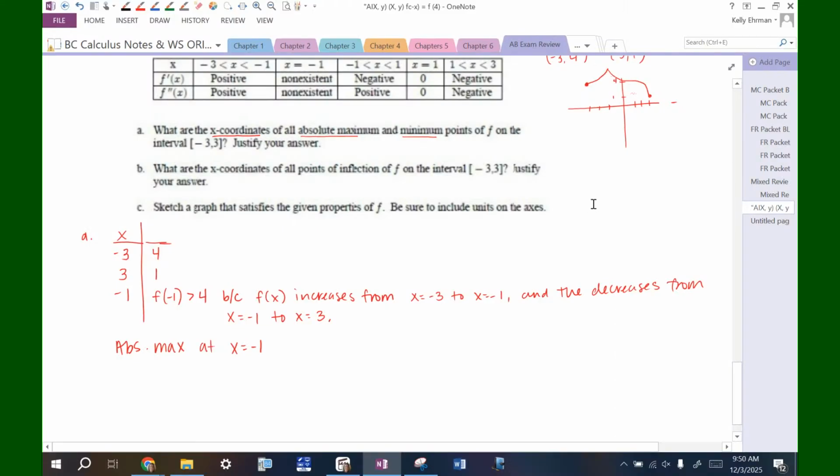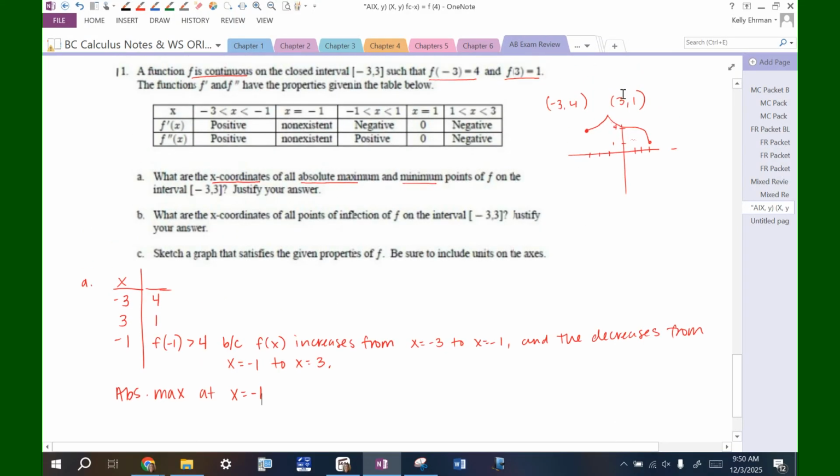And then what about the absolute minimum? Well, I know where the graph ends. It ends at 1, and it decreased from the point at x equals -1 to the point at x equals 3. All the points prior to 3 were higher because we were decreasing that whole time to get down there. So there's an absolute min at x equals 3.